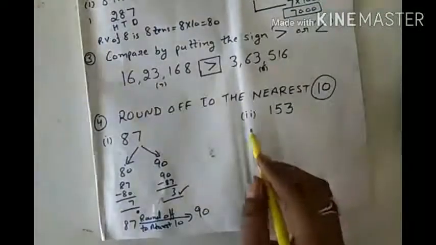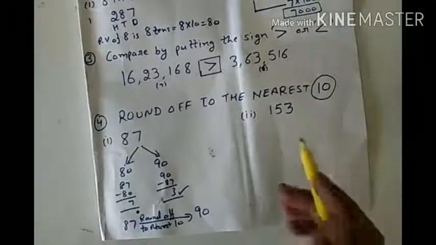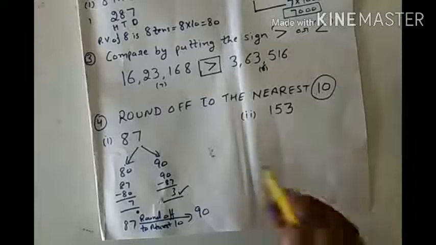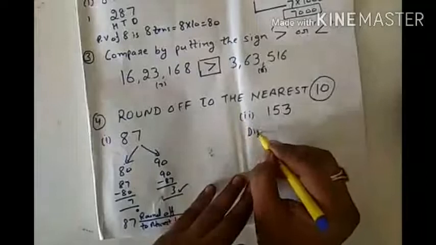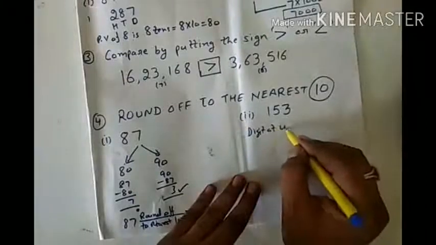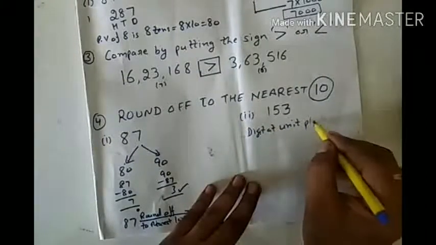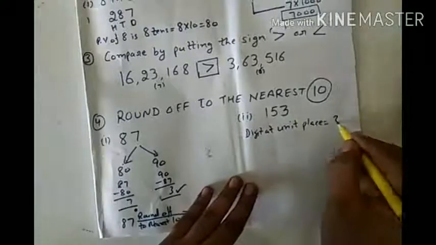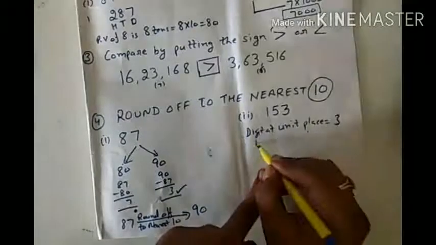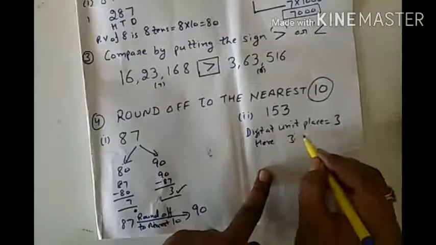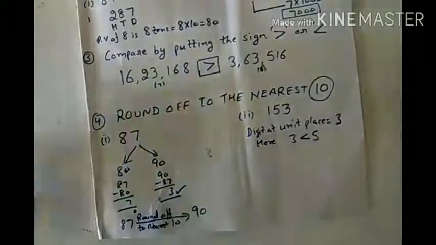Now, 153, I will have to round off to the nearest 10. So, if you have to round to the nearest 10, then we will check the digit at the unit place. Now, what is the digit at the unit place? That is 3. Now, 3 is less than 5. Listen to me.